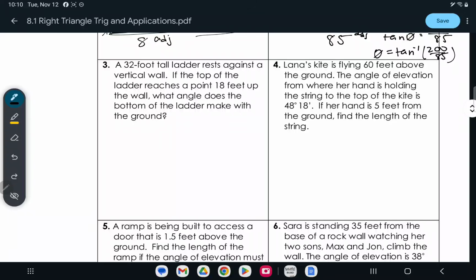All right. A 32-foot tall ladder rests against a vertical wall. So there's my wall. There's my ladder. If the top of the ladder reaches a point 18 feet up the wall, what angle does it make with the ground? So this is opposite and hypotenuse.